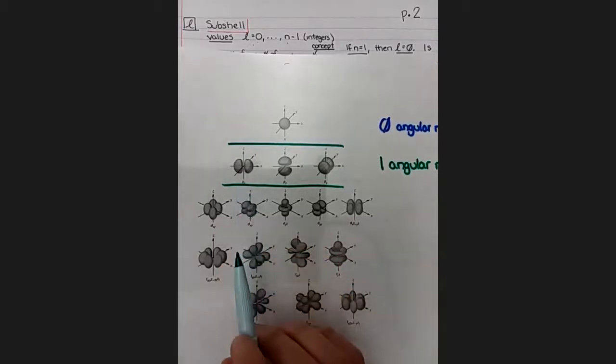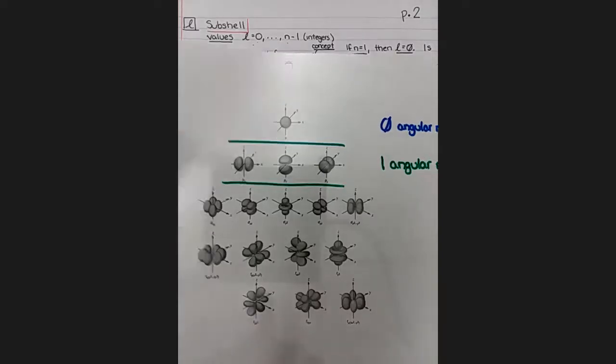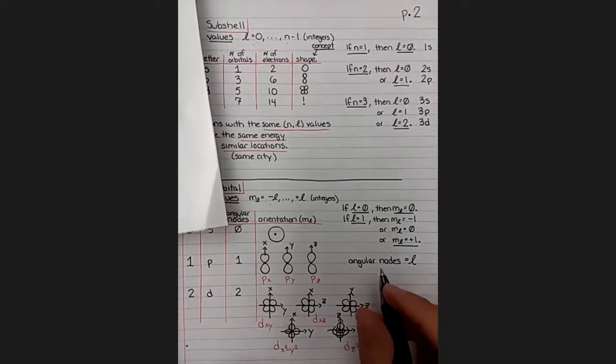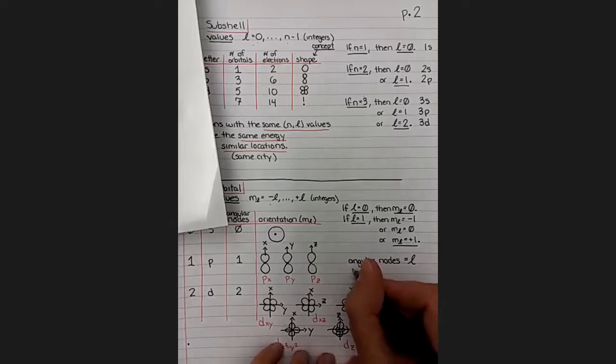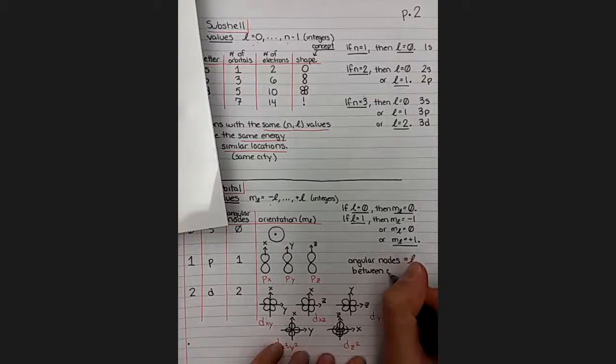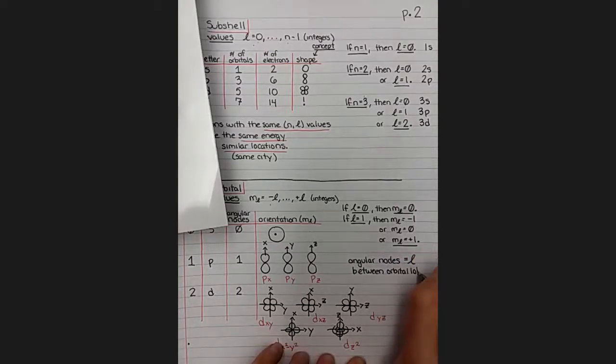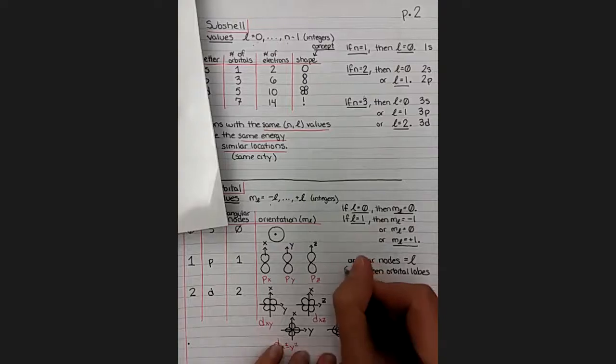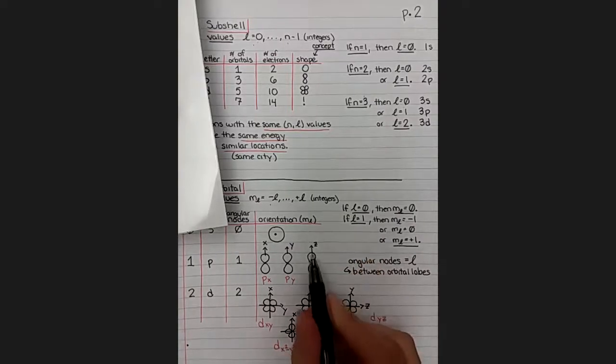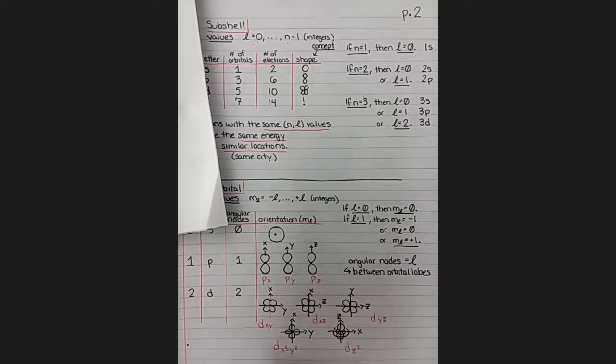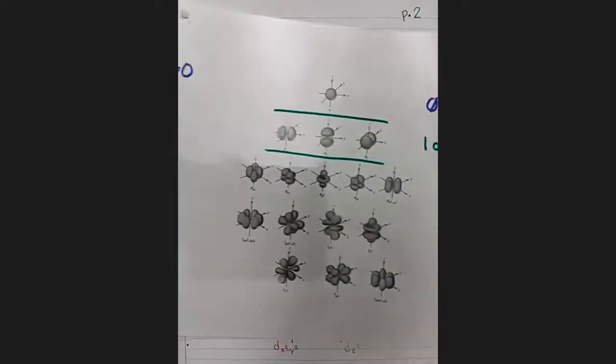So the node is going to be between each orbital lobe. We are actually going to add that to our sheet because that's important. So the angular nodes are between orbital lobes. And the lobe is one of the balloons. If you could picture there being a gap between two balloons, that's an angular node.